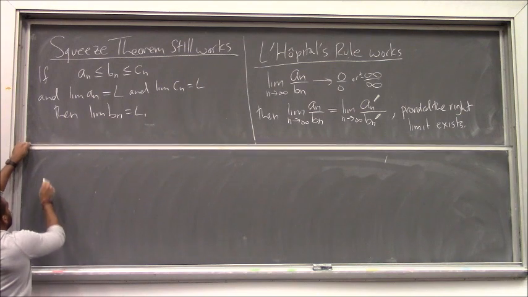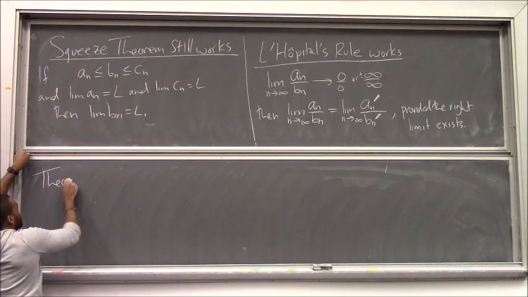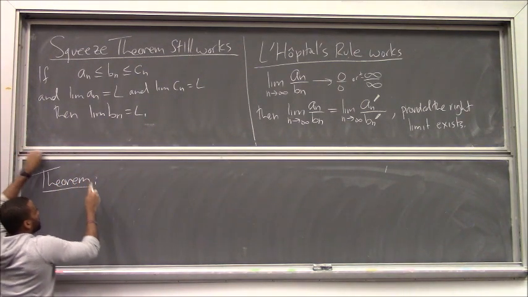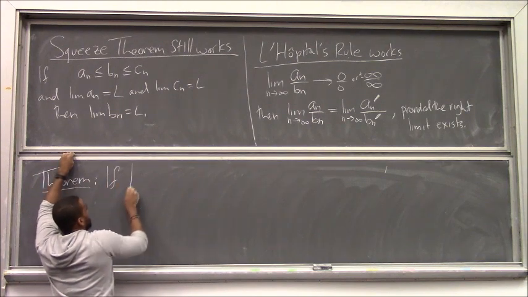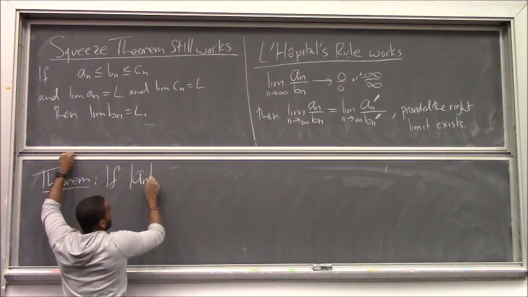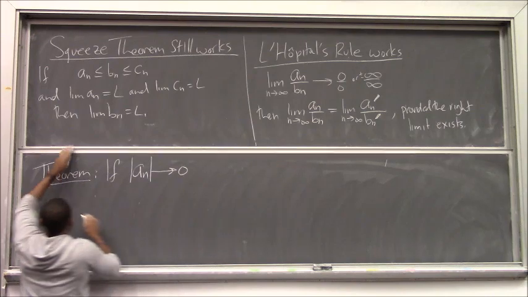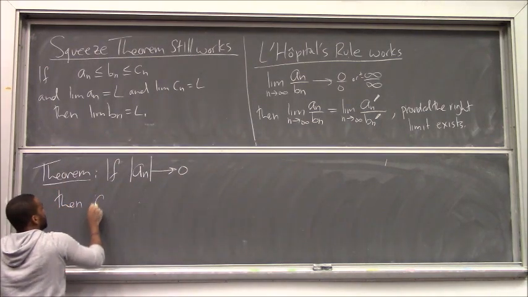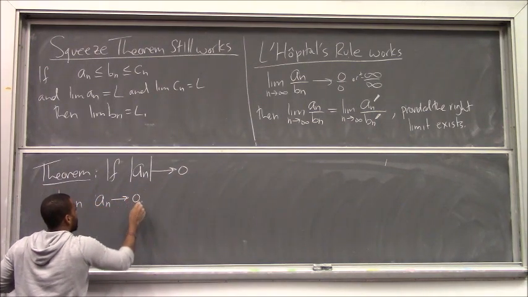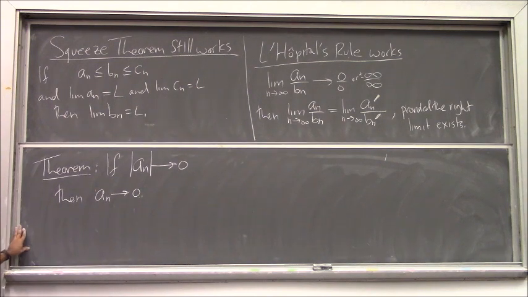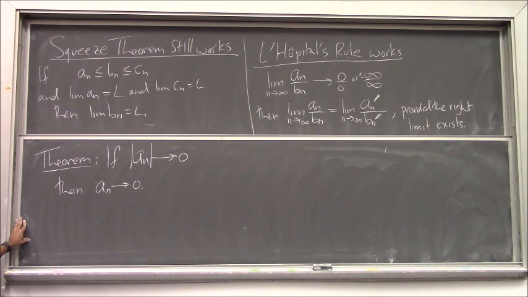What else? There's a theorem that you should know. If the absolute value of the terms of a sequence approach 0, then the original sequence will approach 0. That's useful because there are some cases where you have things jumping up and down and you're not exactly sure how they're going to behave.